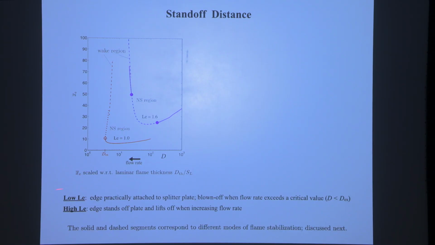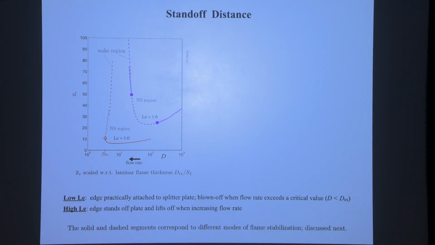So what I said is for low Lewis number like 1, but it's also true for other lower values, and I will probably show that soon. The edge is very close to the plate, and is practically attached, maybe I should have put attached in quotation marks, it's practically attached to the splitter plate. And when you increase the velocity more and more, it gets blown off by the flow and it is extinguished.